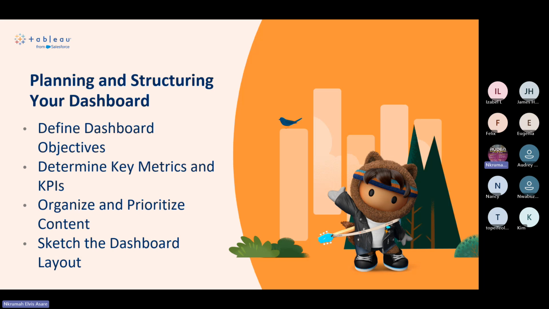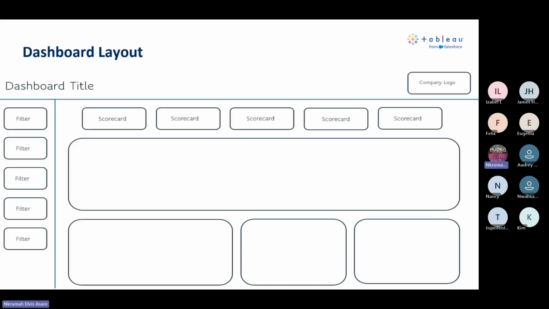Design your dashboard. Now, when you define your objectives, let me go back to our dashboard template. It's not only the KPIs, you can even choose the visualizations. Because if you want to visualize trends, you should be going for a scatter plot, a line chart, something showing trends. You understand?